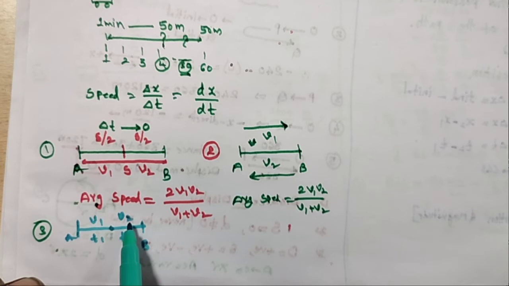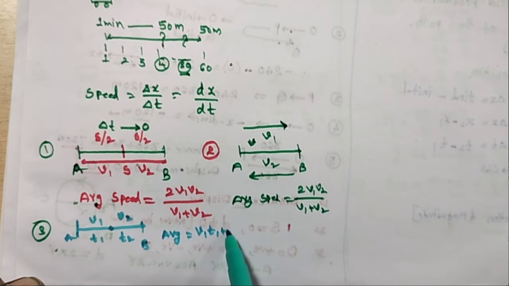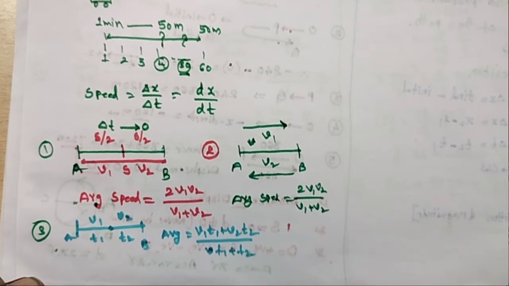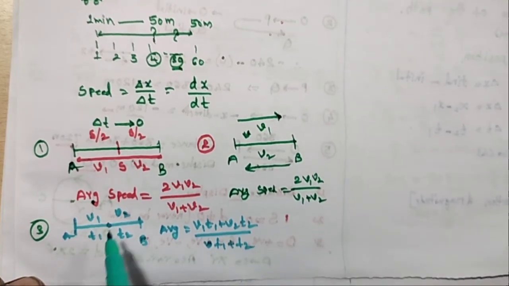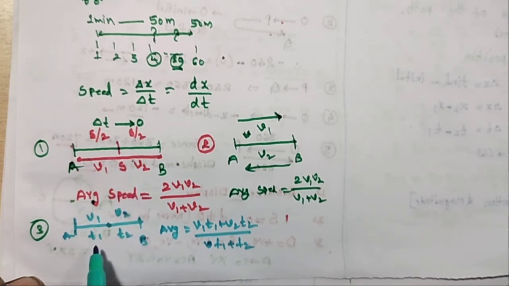For example, 10 minutes it is moving at 30 meter per second. So what is the average speed in this case? The average speed is equal to V1 T1 plus V2 T2 by T1 plus T2. In the previous one the distance is given; in this second one the times T1 and T2 are given. Suppose the two are different.